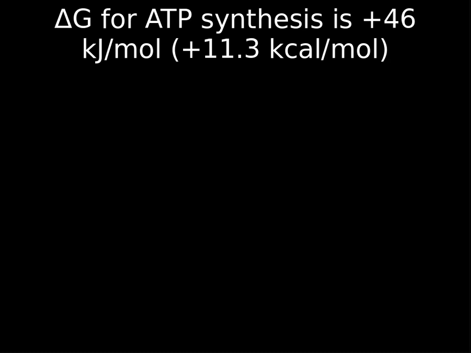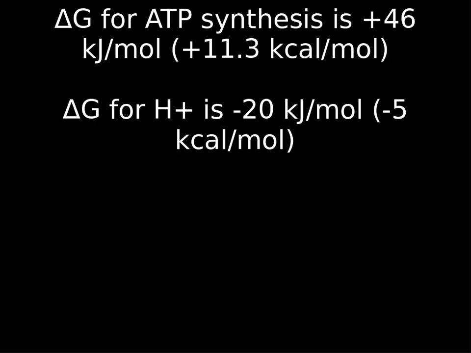In physiological conditions, this is about 11.3 kilocalories. And the delta G for a proton moving back across the membrane is negative 20 kilojoules per mole. So we got 46 kilojoules per mole that we need to actually power one ATP synthesis.